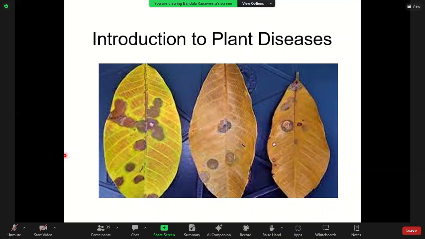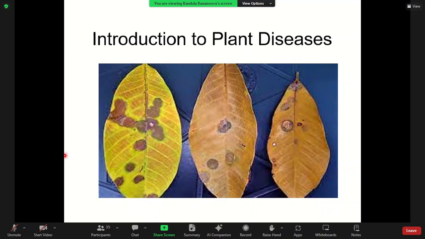So that is one of the reasons we can consider that a plant or plant part or organ is having some kind of a disease. So up to now we were talking about the management of other major groups of pest like weeds and the insect pest.